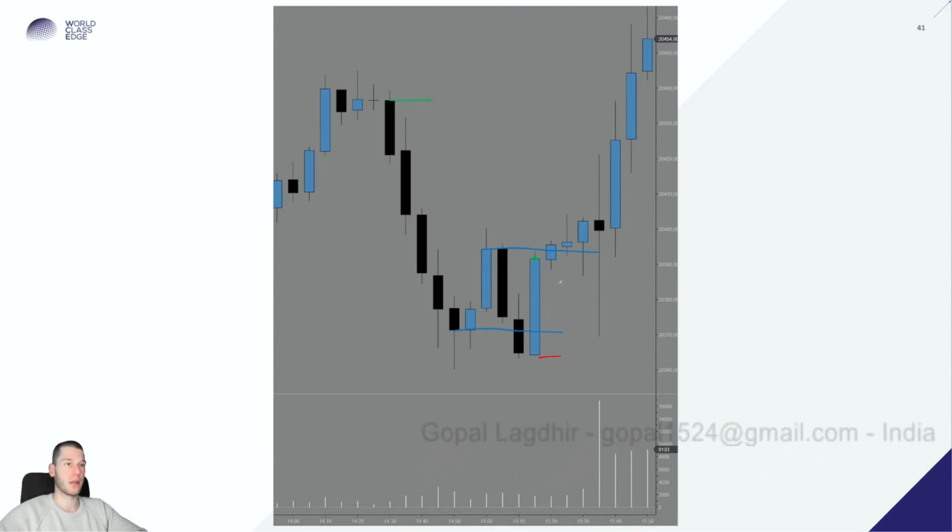So we can think about waiting for a pullback. The sign is we broke out of this balance. We broke out, we broke back in, we don't need to enter market. We can wait for a retest of the lower side of the range. The retest would be here, and put our stop loss below there.